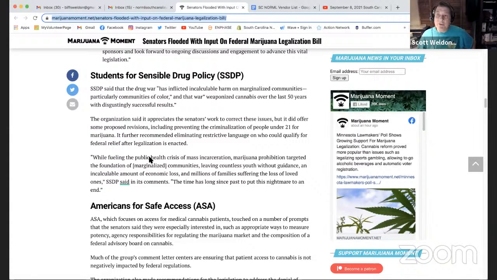They again talk about, while fueling the public health crisis of mass incarceration, marijuana prohibition targeted the foundation of marginalized communities, leaving countless youth without guidance, an incalculable amount of economic loss, and the millions of families suffering for the loss of loved ones. As SSDP said in its comment, the time is long since passed to put this nightmare to an end.